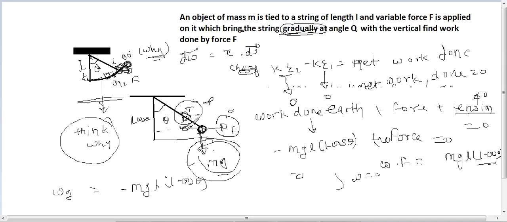Look at how little calculation I had to do. This is just a typical question, but if you approach it with the work energy theorem, it becomes one of the simplest questions. Otherwise it is very complex. If you find it with the help of Newton's laws, it is one of the most complicated questions. Okay guys, thank you for watching.